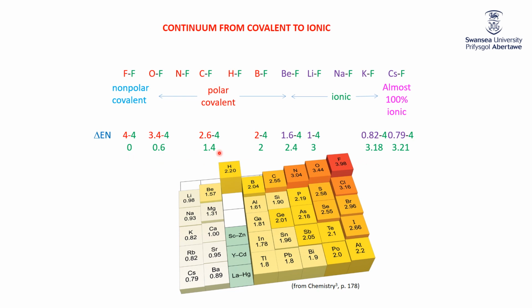As you go further along this continuum from covalent to ionic, we can indicate it by the difference in electronegativity. Generally, people would say that an electronegativity difference of about 2 would be the cutoff, but a boron-fluorine bond is very definitely a covalent bond, just a very polar covalent bond.